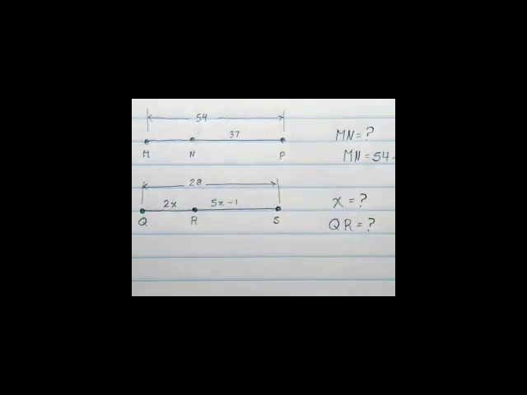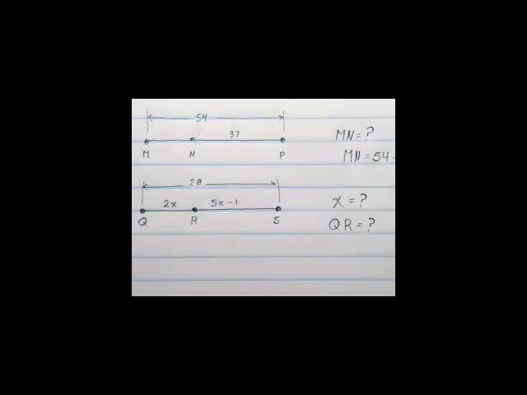So, what do you think? How could I do this one? I'll give you a hint. I'm going to have to make an equation somehow. What's equal to what in the picture here? It's going to be 10x minus 1. Is that the equation? Nope.